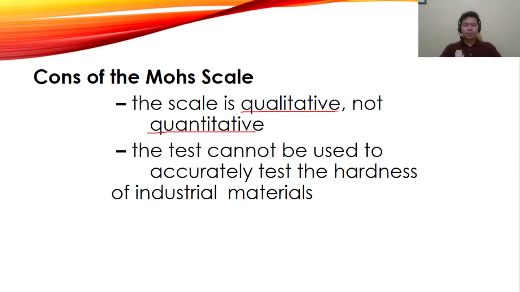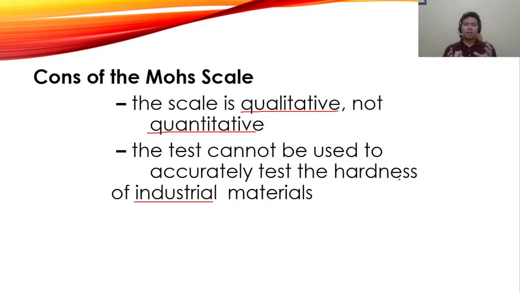Next, the test cannot be used to accurately test the hardness of industrial materials. There are different industrial materials which use minerals, but through the Mohs scale of hardness, we can only determine that a diamond is harder than gold. Simple as that. We can't determine the numerical value. We have a scale of 1 to 10, 1 being the softest, 10 being the hardest.